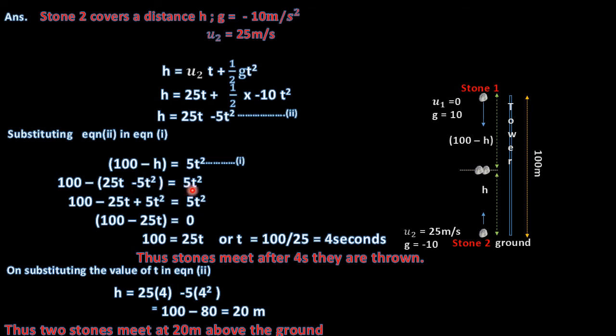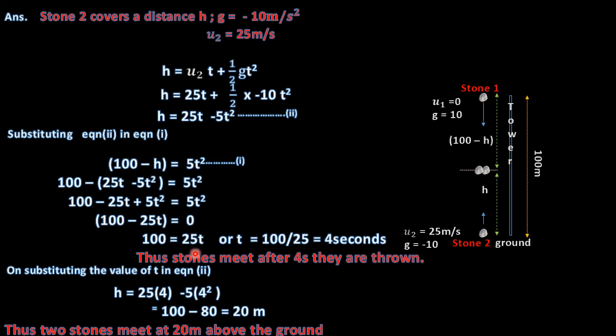We multiply the negative sign inside, that is 100 minus 25t plus 5t square is equal to 5t square. When you simplify this equation, you get 100 minus 25t is equal to 0. The 5t square comes to the right hand side and hence it becomes 0. So 100 is equal to 25t, or t is equal to 100 by 25, that is 4 seconds.